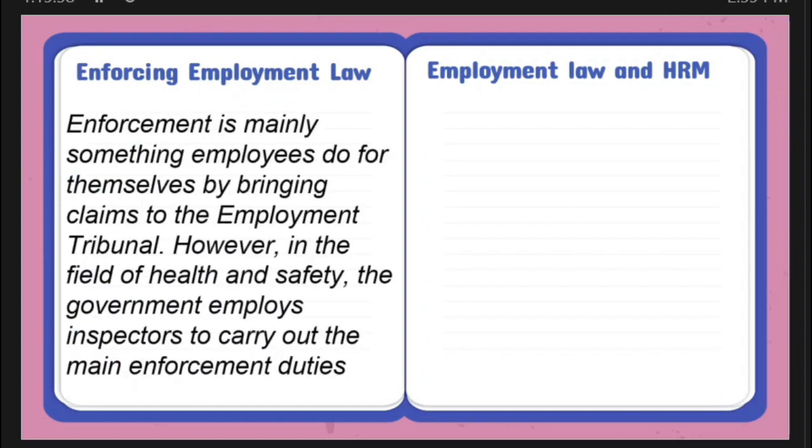Enforcing employment law. Enforcement is mainly something employees do for themselves by bringing claims to the employment tribunal. However, in the field of health and safety, the government employs inspectors to carry out the main enforcement duties.